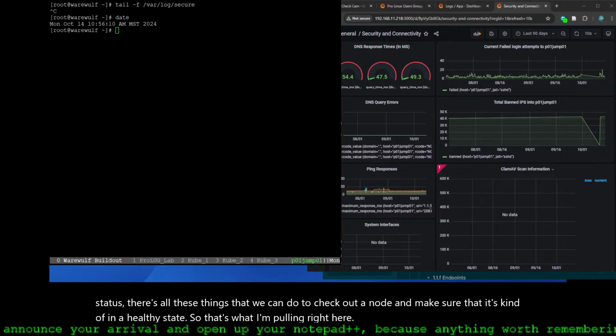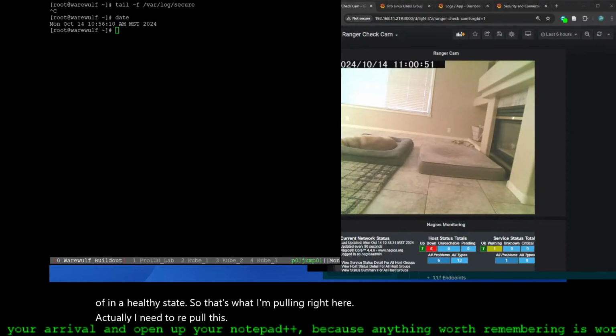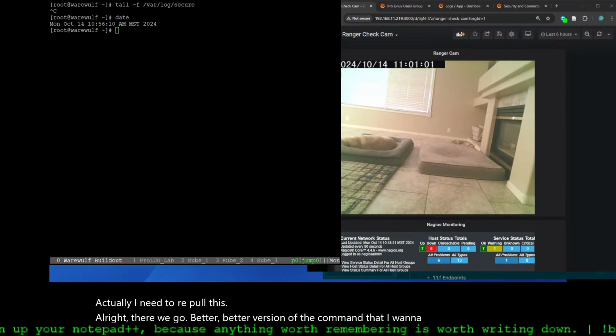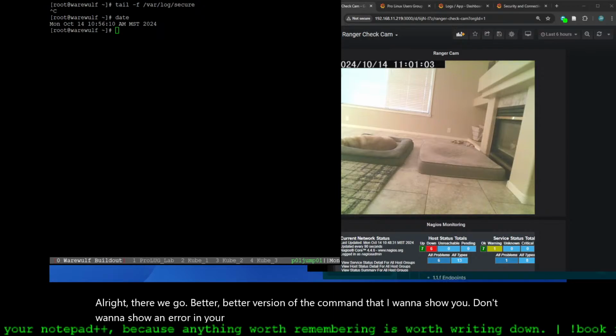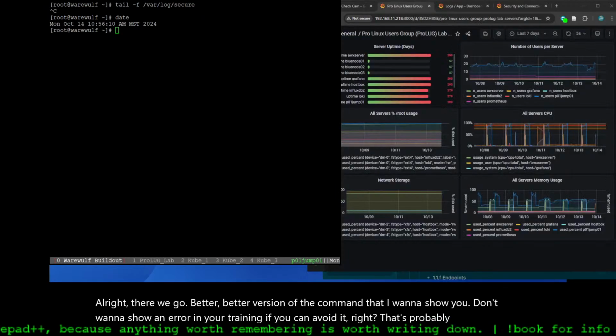Actually, I need to re-pull this. All right, there we go. Better version of the command that I want to show. You don't want to show an error in your training if you can avoid it. That's probably best left out.